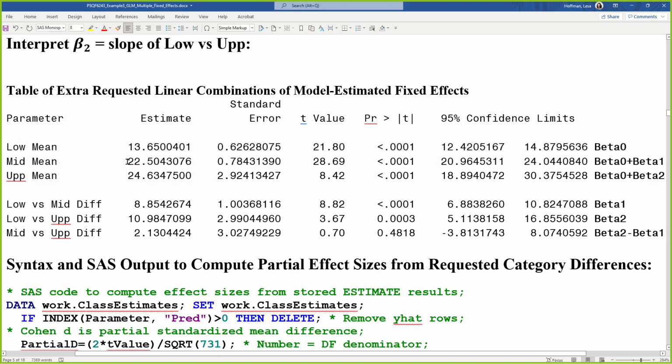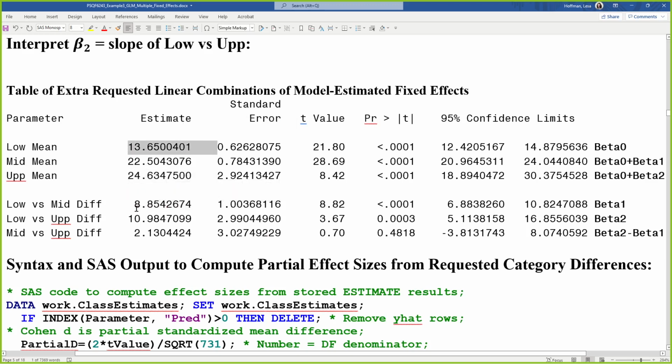This is the result of adding together the intercept plus the slope for how middle differs from low. There's my 22. This is the result of the intercept plus the slope for how upper differs from middle. That's my 24. Here are the numbers themselves, actually.